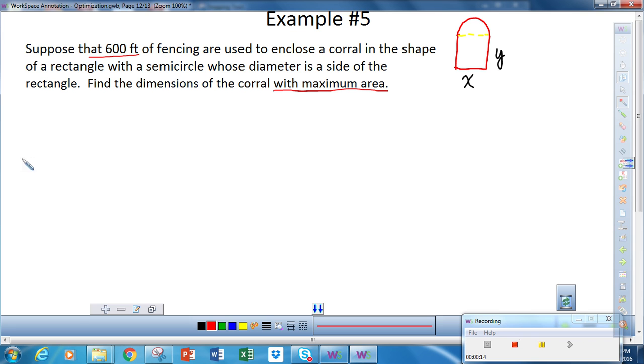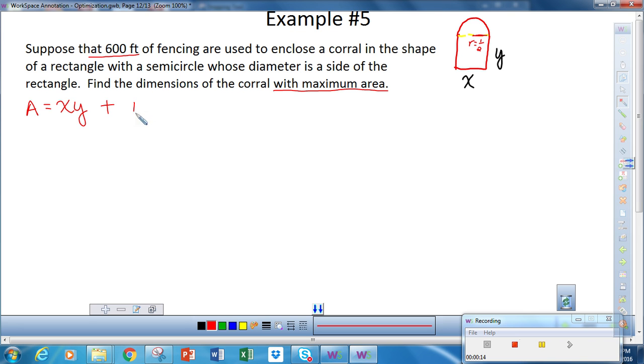So first thing we have to do is write a formula for the area. Well, to find the area, we would find the area of the rectangle, and then the area of the semicircle. So remember, the area of a circle is pi r squared. And in this case, r is going to be 1/2 x.